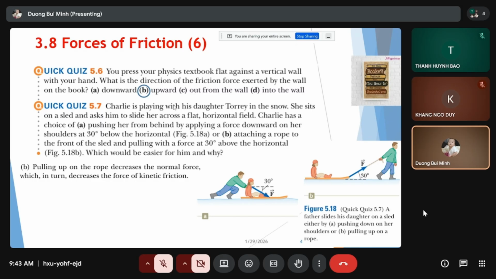Here you get 30 degrees, so you can get this Fx, and the magnitude of Fx is F times cosine 30 degrees.